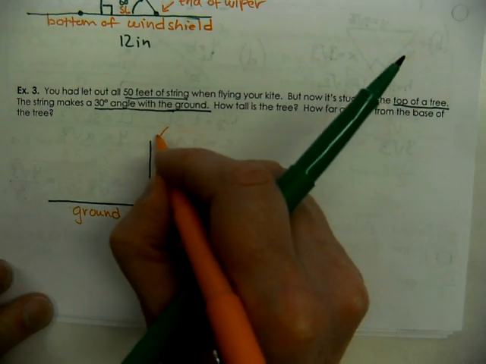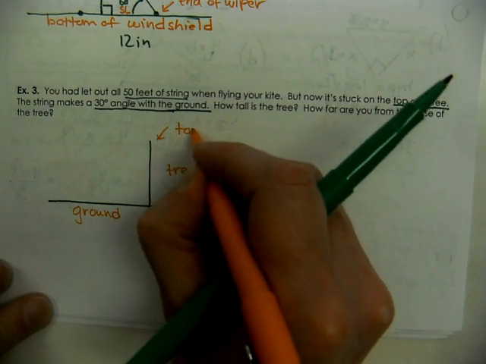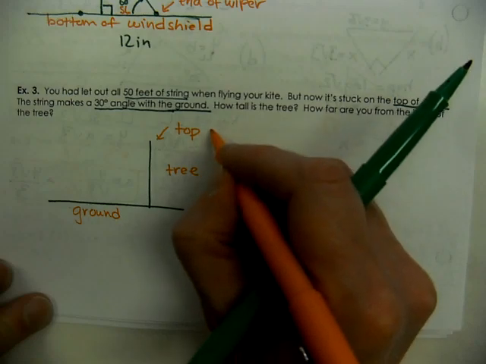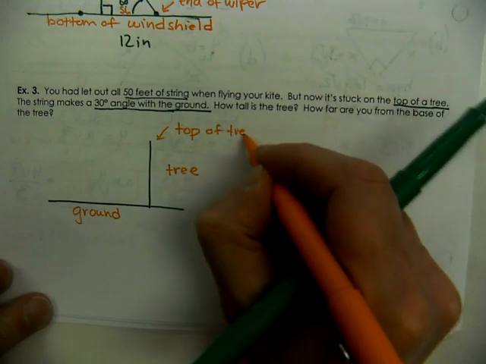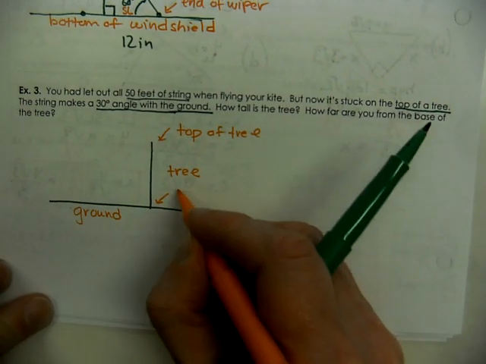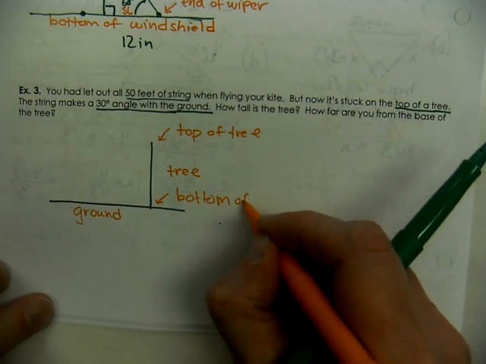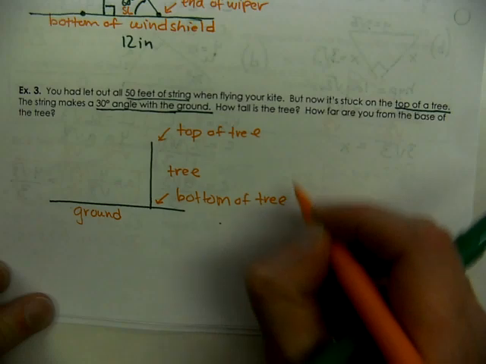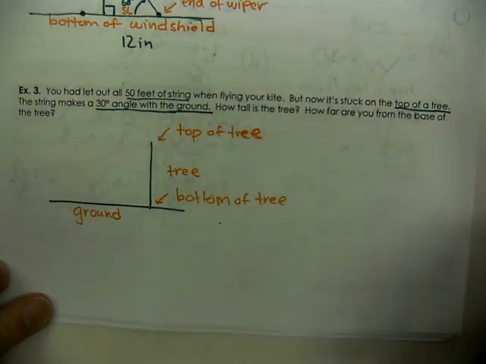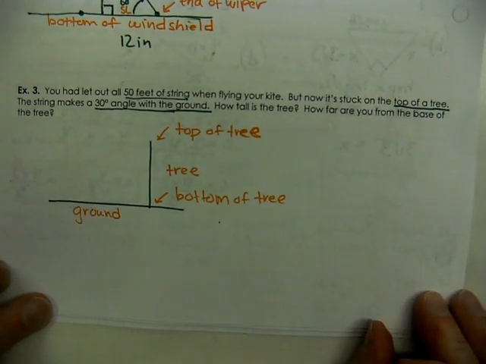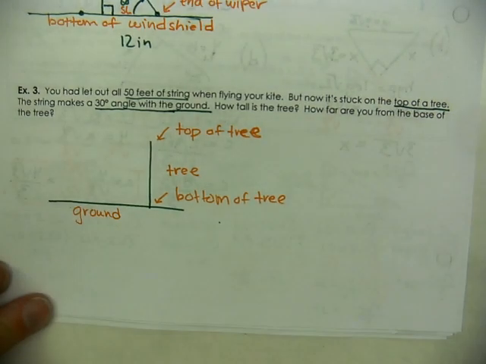And also label these other phrases we came across, like the top of a tree, so top of tree, and bottom of tree. It will help you keep track of the information as we get to understanding what it is they're asking us to solve for.